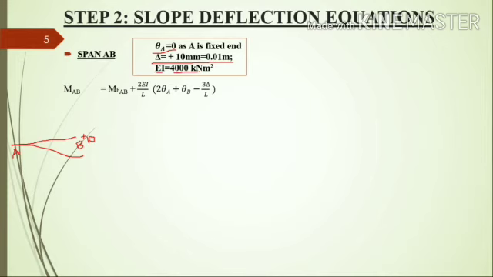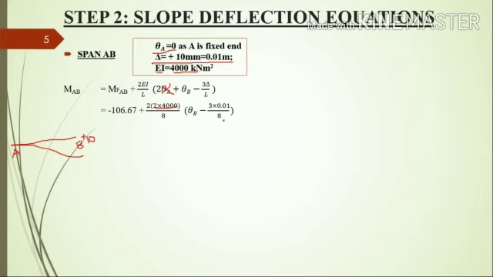Then in this problem, M of AB value is minus 106.67. So substitute the values. 2 into EI; EI for span AB is given as 2 EI, therefore 2 into 2 into 4000 by L, L is equal to 8, into 2 theta A plus theta B, where theta A is equal to 0, minus 3 into delta, which is 0.01, by length 8.